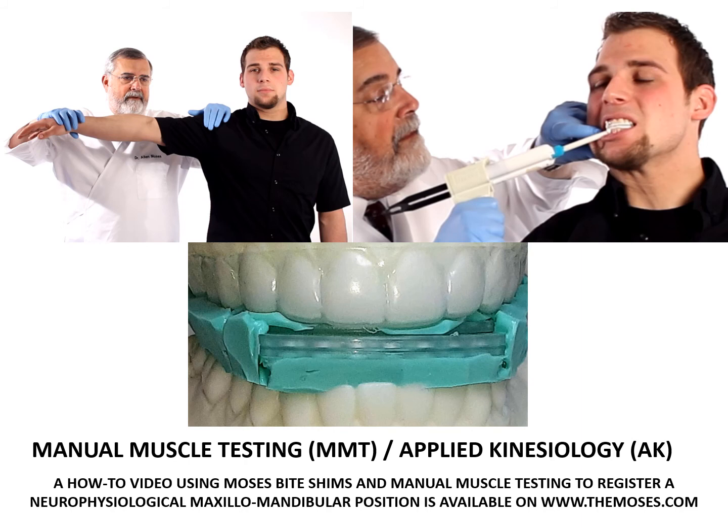A how-to video using Moses Bite Shims and manual muscle testing to register a neurophysiologic maxillomandibular position is available for you on the Moses.com website. It's there for your benefit. I recommend that you use it.